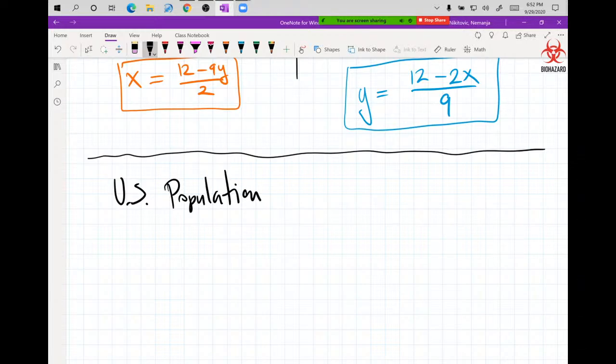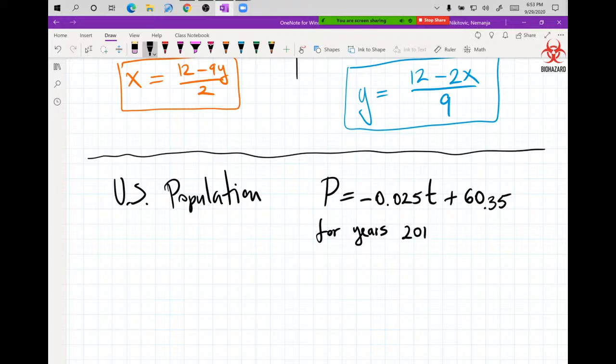This problem says that the population of the United States is equal to negative 0.025t plus 60.35, for years 2010 to 2050. Now, this is where you get to see projected.